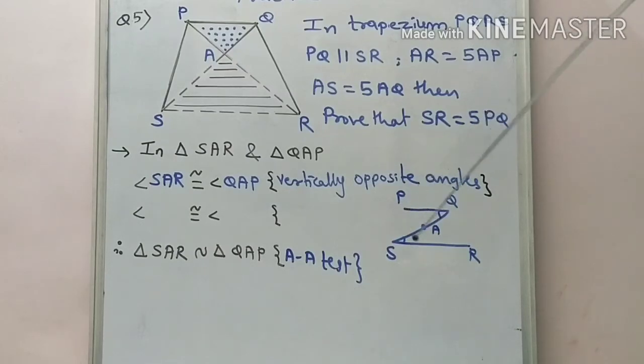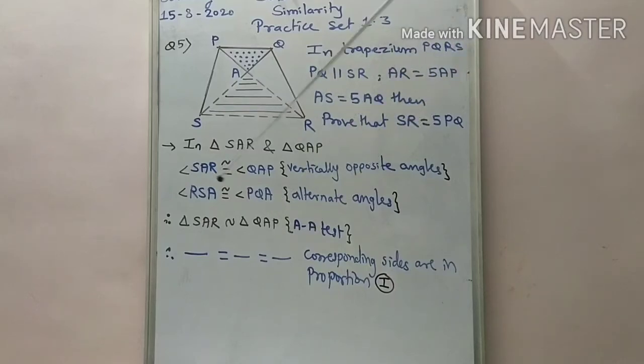So here we name those angles, reading it up to A for that particular triangle: angle RSA congruent to angle PQA. Okay, so the second pair is of alternate angles like this, and we give that reason also as alternate angles. So the two triangles are similar by AA test.